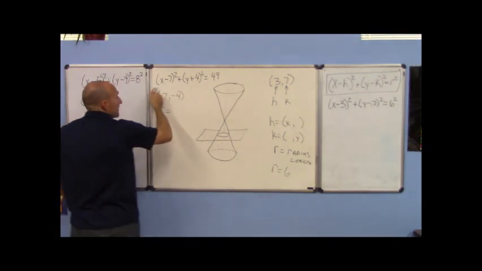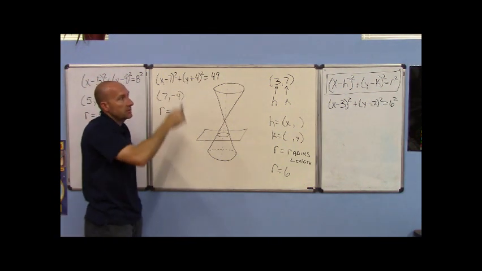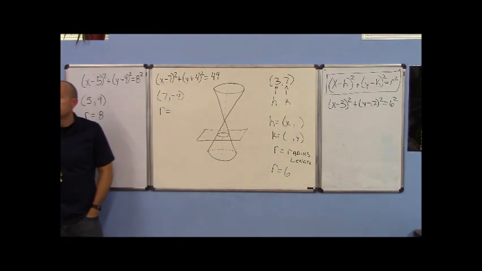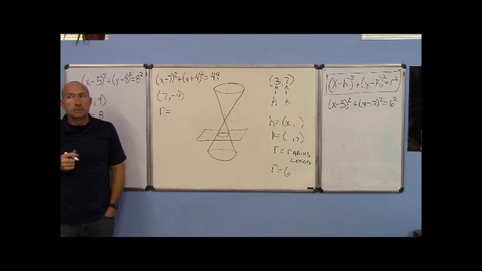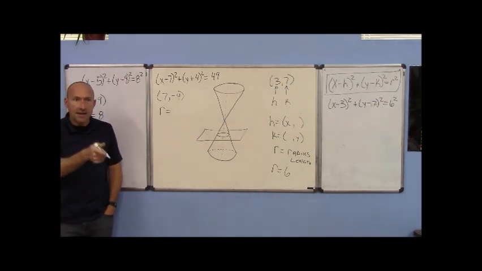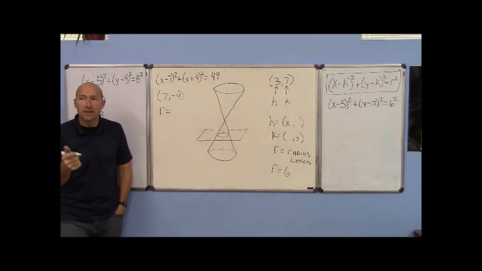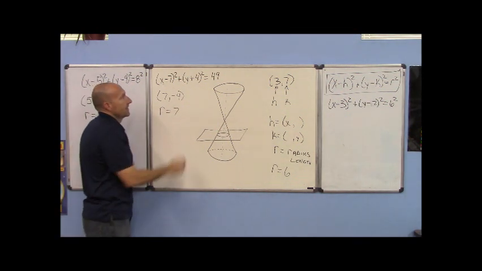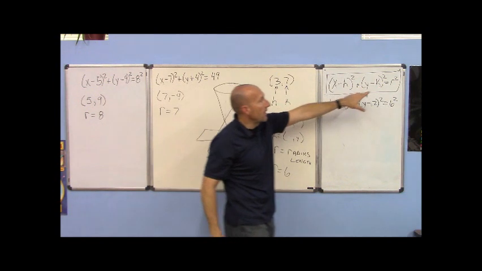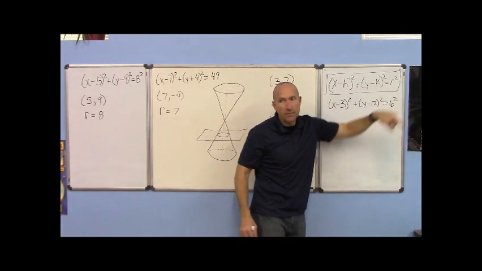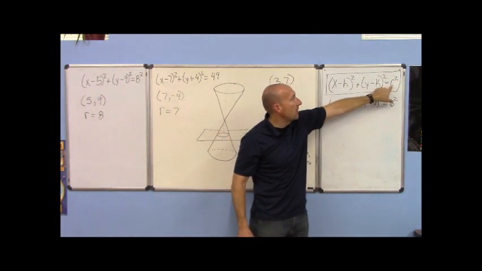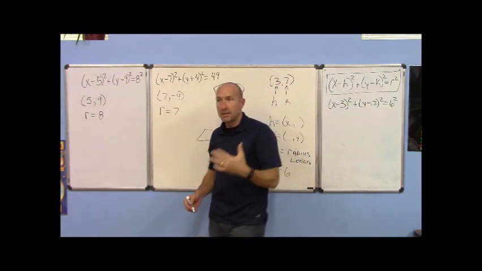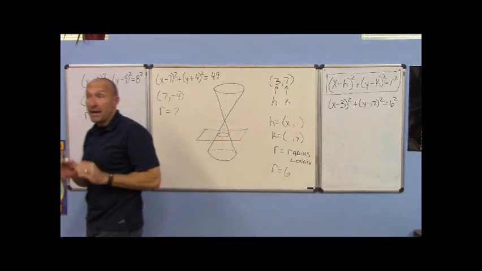How would you change it to fit that form exactly? You're so close. Is it just 7? It's 7, not 7 squared. Yes, the exponent of 2 is part of the standard form. It's just r. That is going to be that length. Okay? So pay attention to that.